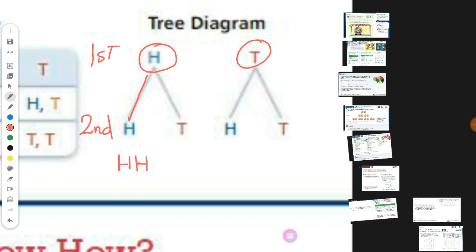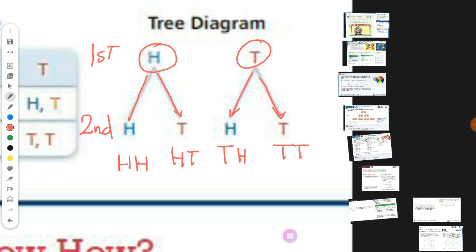If the first time is head and the second time is tail, we find head, tail. If the first time was tail, the second time may be head, so it's tail, head. If the first time was tail and the second time tail, it's tail, tail.